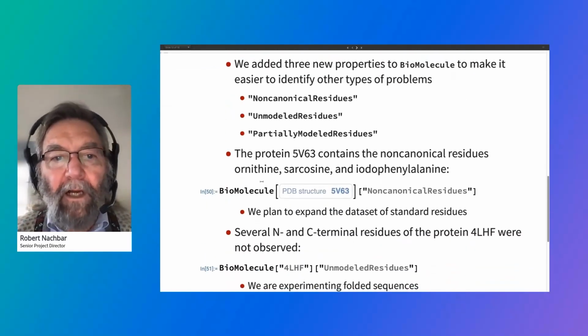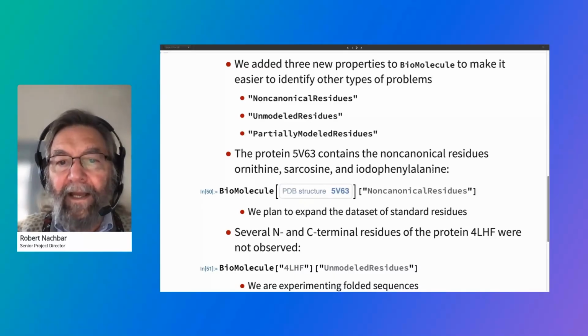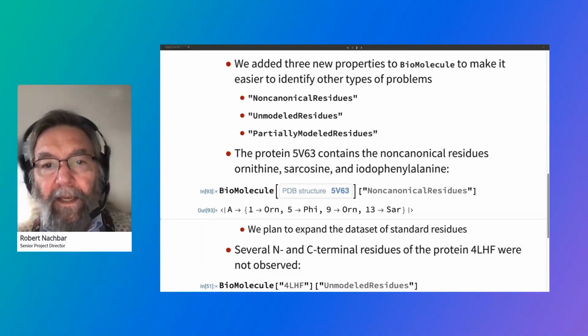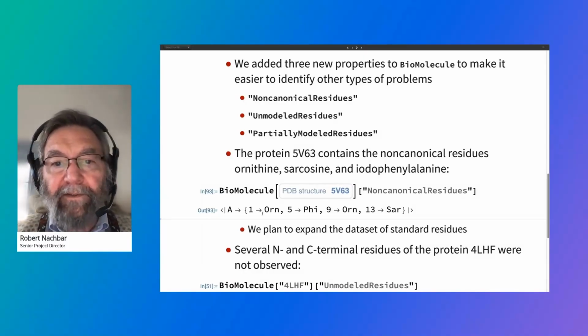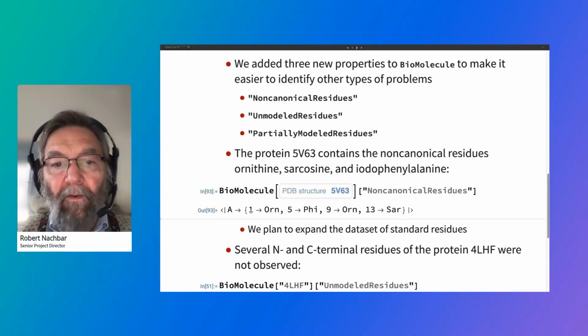Some examples here in PDB, the protein 5V63 has some ornithines, sarcosines, and an iodophenylalanine residue in them. And we can see here, we're asking for the non-canonical residues. We see that at positions 1 and 9, we've got ornithines.